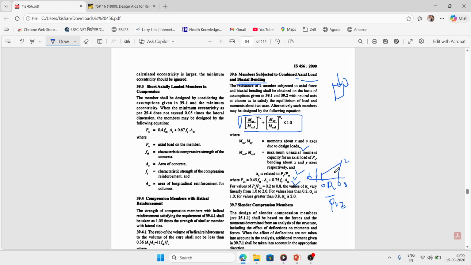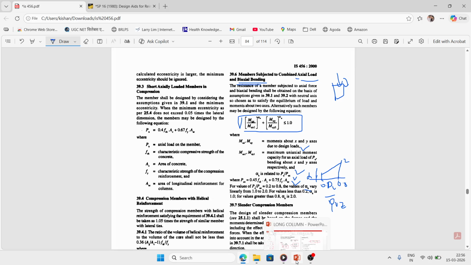So whatever value you get for PU by PUZ, you will get the value of alpha AN using the linear interpolation method, corresponding to the value of PU by PUZ.